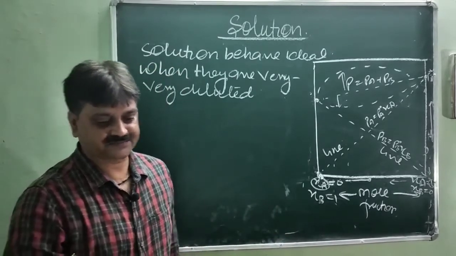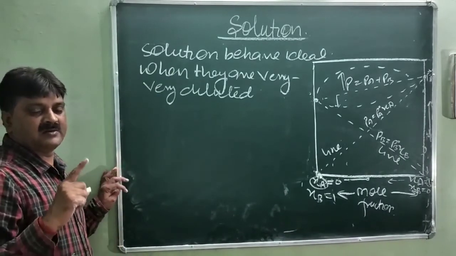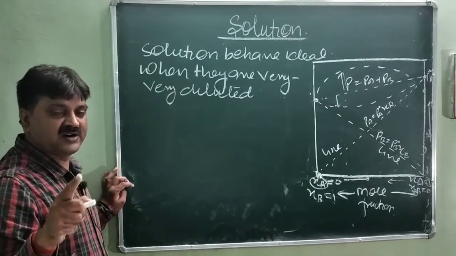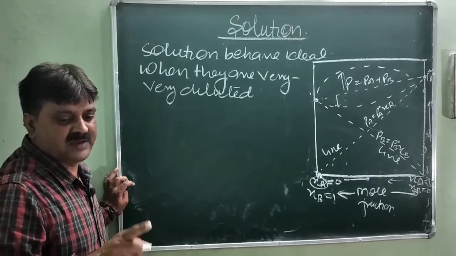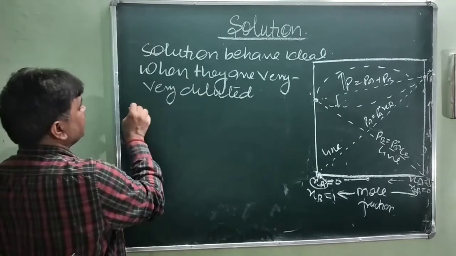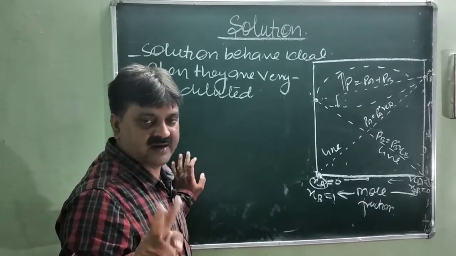Another is that the similar structure and polarity of the components show the ideal behavior. So having similar nature and structure. There are two criteria that must be followed for a solution to act as an ideal solution.